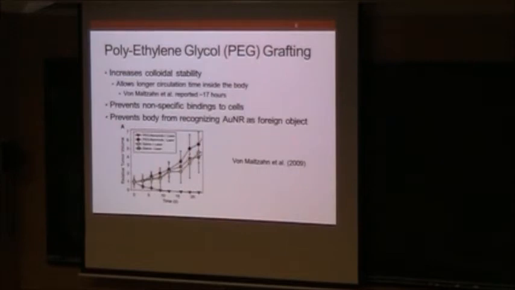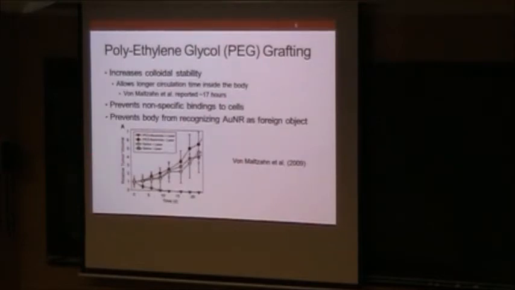Others have reported that PEG grafted gold nanoparticles were very stable in blood in vivo for around 17 hours, whereas before PEG grafting it was a couple of hours.